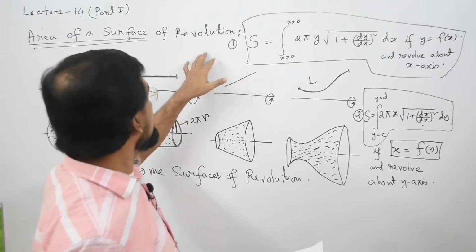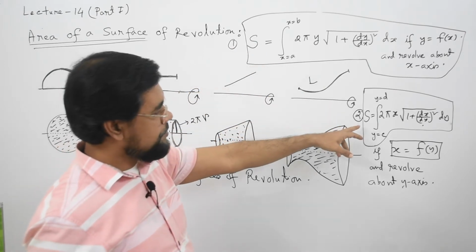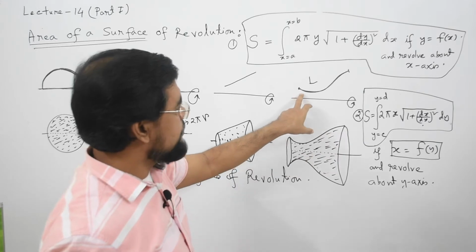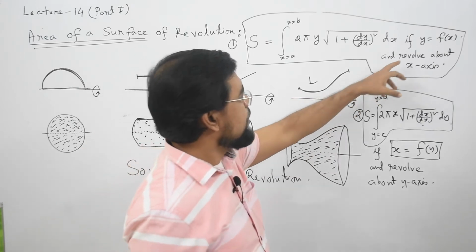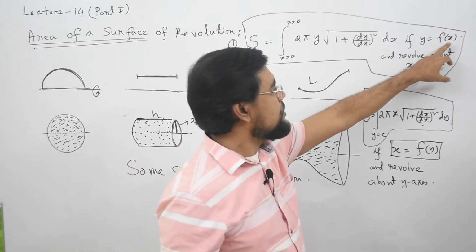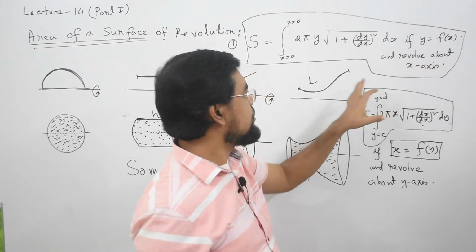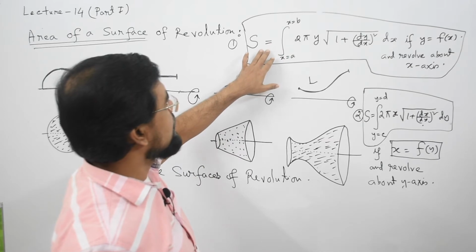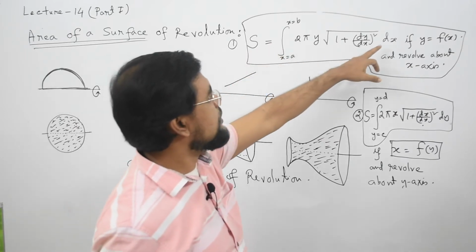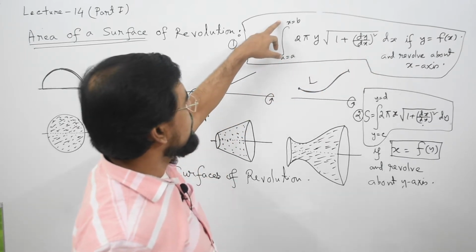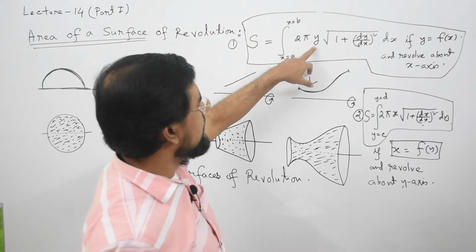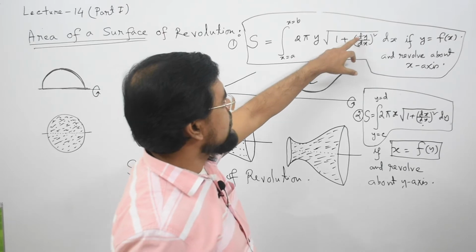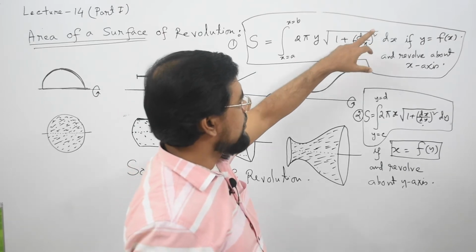So finally here we have two formulas, 1 and 2. If your curve is y in terms of x, and you revolve this curve about the x-axis, then this one will be your formula: integration with respect to x from a to b of 2 pi y square root of 1 plus (dy/dx) whole squared.